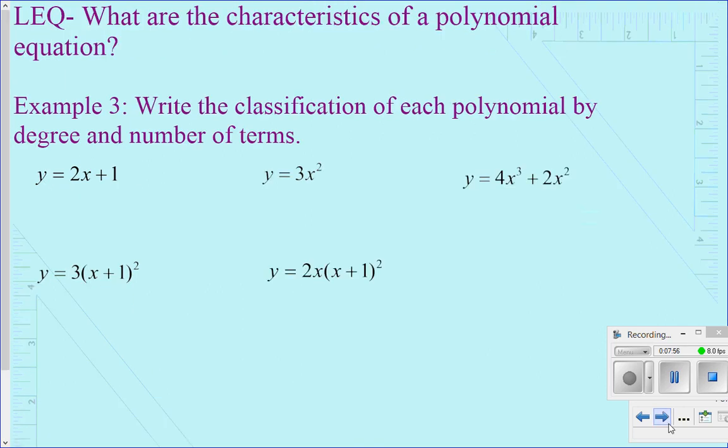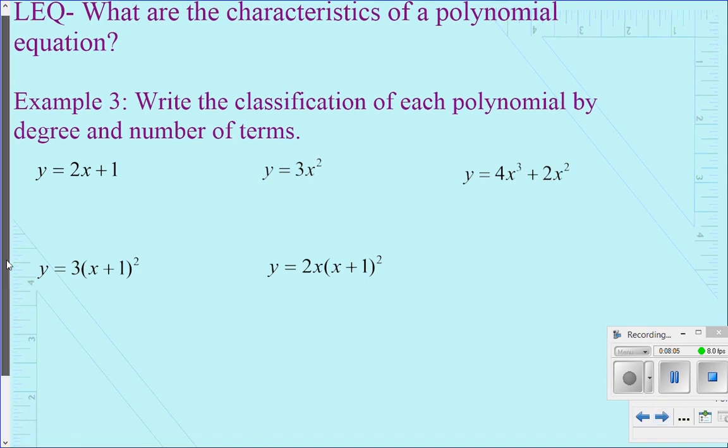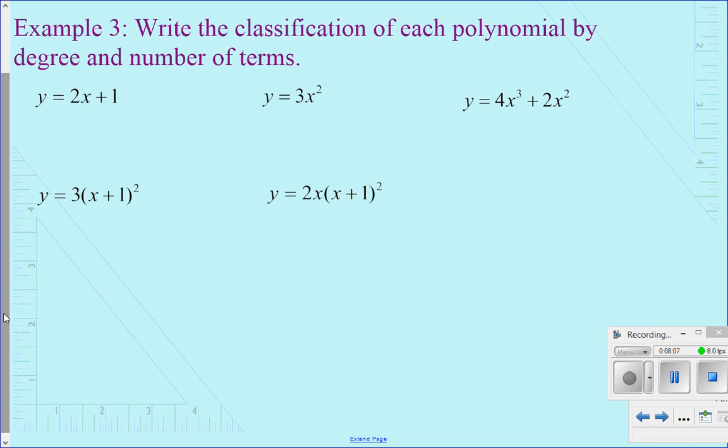All right, so the next thing we need to do is we need to classify polynomials by their degree and number of terms. Before we can do that, I need to give you some notes on that. So let me just put that in the space right here. So if we classify by degree, if a polynomial has degree 0, that is a constant.